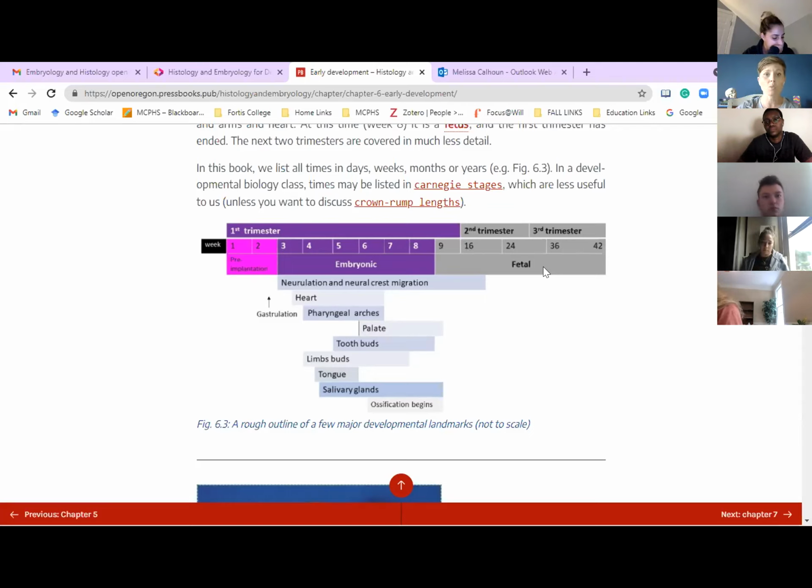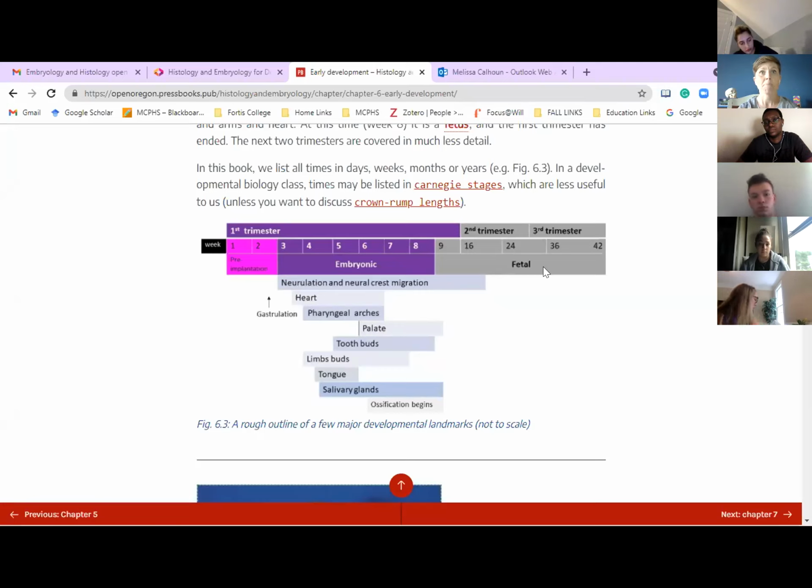The fetal is where all the continued growth happens, the details. Look at all the things that happen during the embryotic; they finish up in the fetal period, but they really start in that embryotic phase.